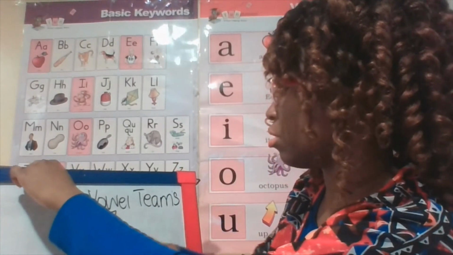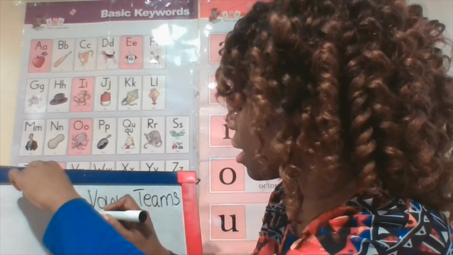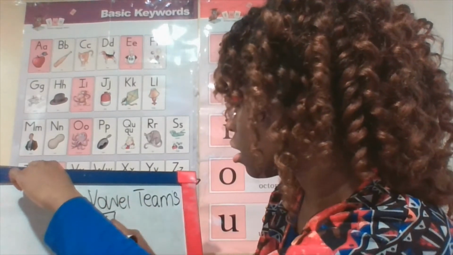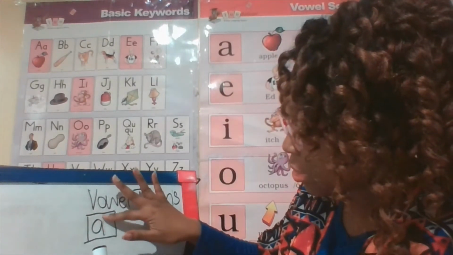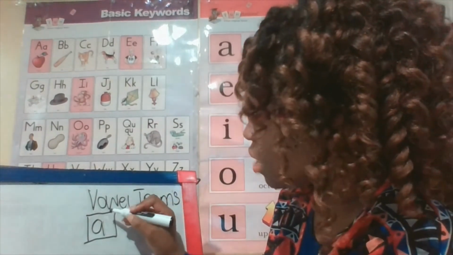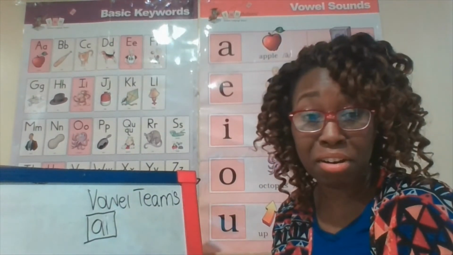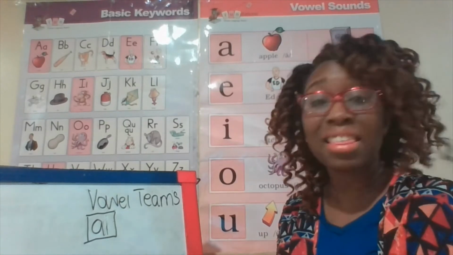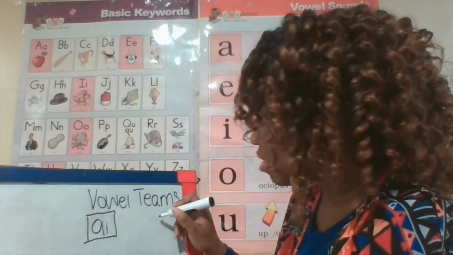So you might say to yourself, I wonder what sound an A and I make. And you've definitely seen an A and an I together. And you probably don't know the sound that it makes. So an A and an I together actually makes the A sound. Just makes A.